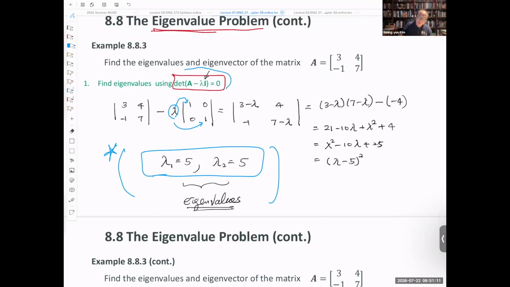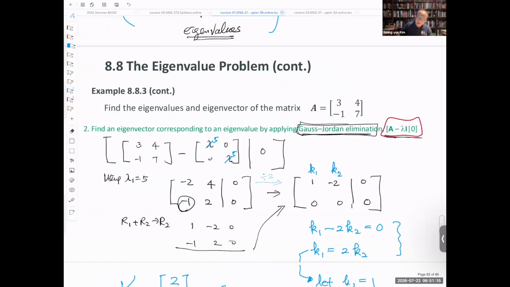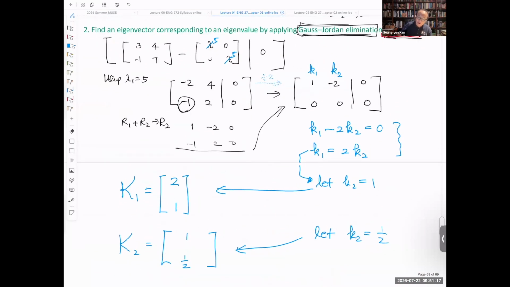Using this relationship, and then for each eigenvalue you end up getting something like that. And once you finish the Gauss-Jordan elimination method for 2 by 2, always the second row is going to be a 0 row. Always. I said always.